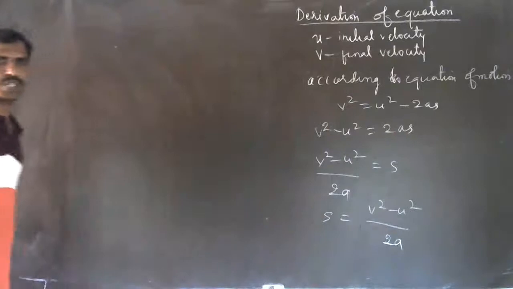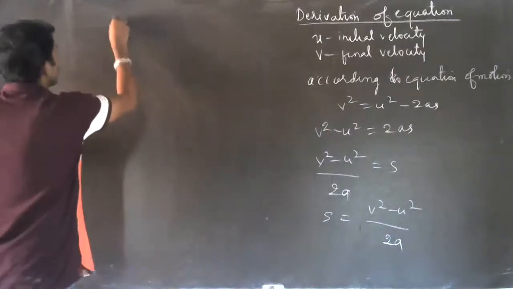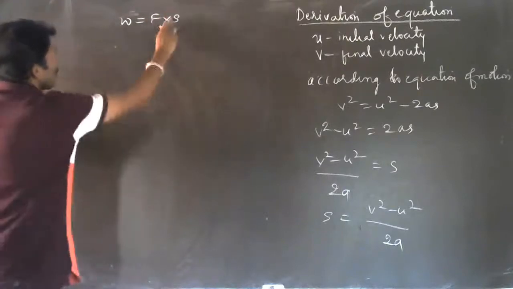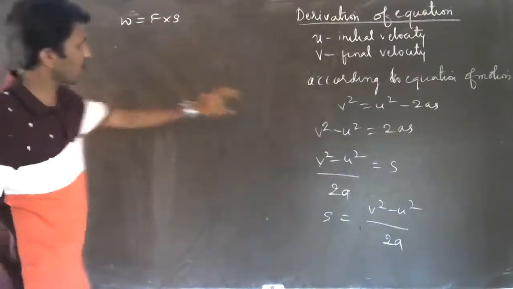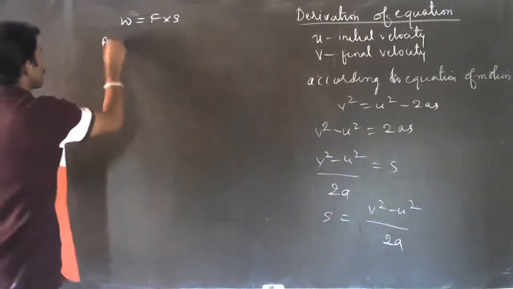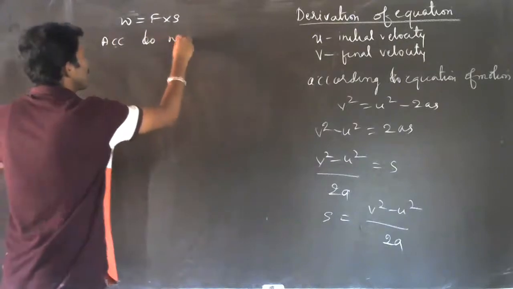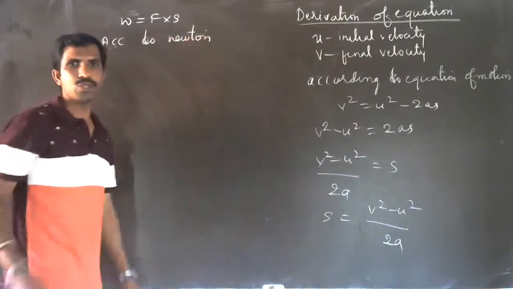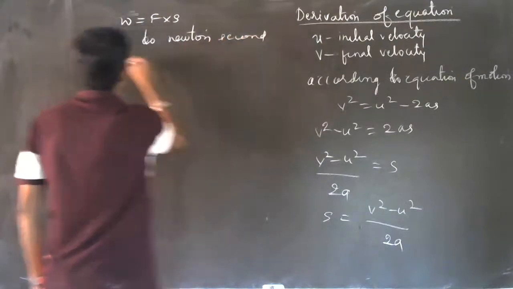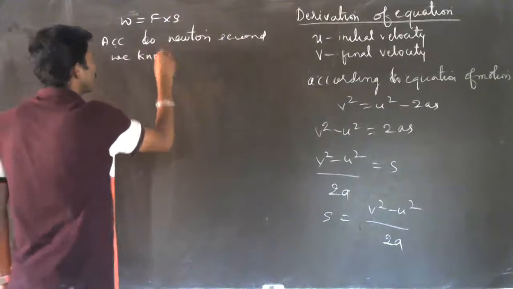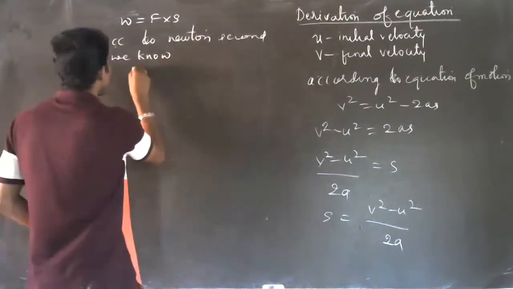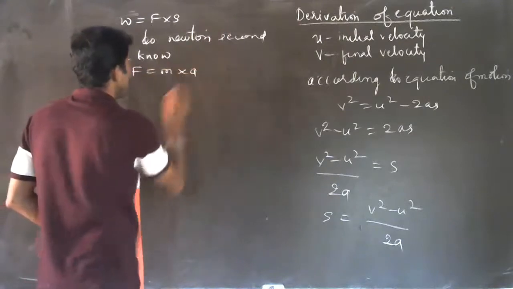You know that work done is W is equal to F into S. If you substitute this S value here, what will you get? According to Newton's second law of motion, which we have learned, F is equal to m into a.